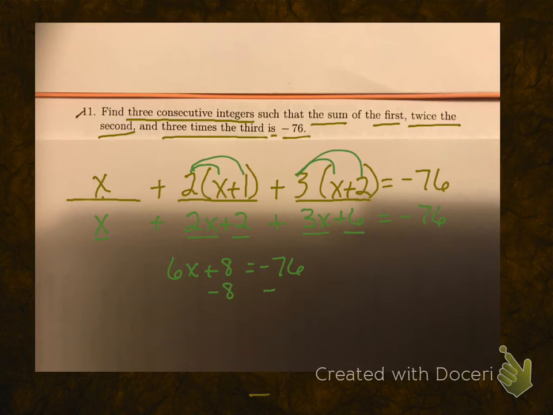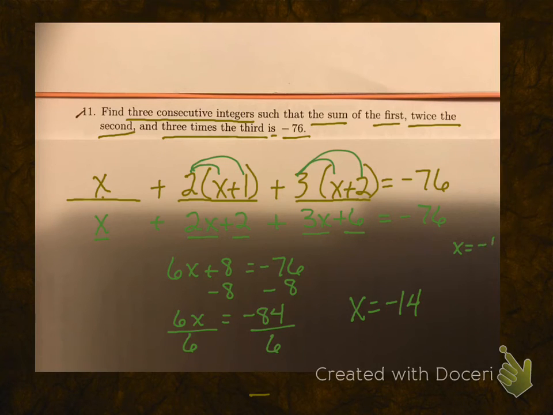Subtract that 8. Okay, gives me 6x is equal to negative 84. Divide by 6. I end up with x is equal to negative 14. Okay, so that gives me my x. But what are my 3 consecutive integers?